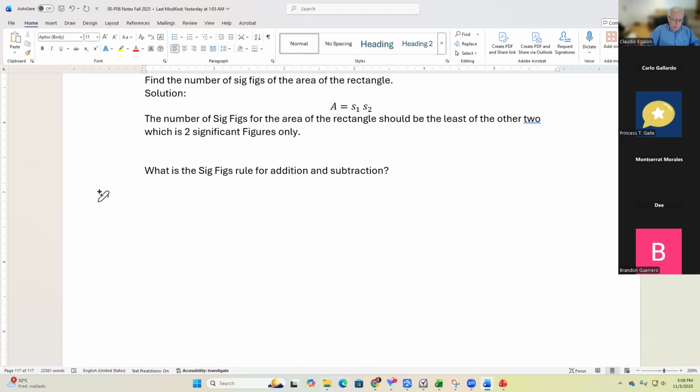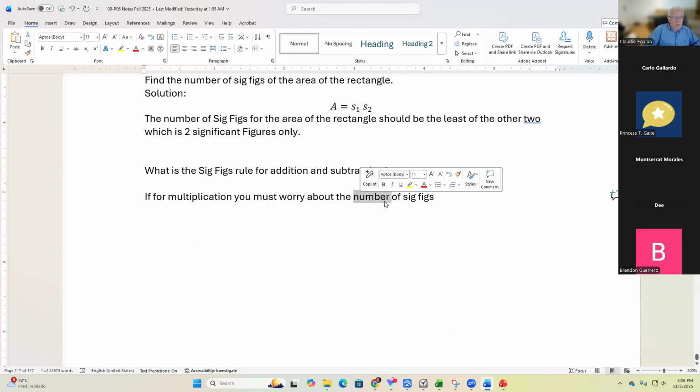For multiplication, you must worry about the number of sig figs. I'm going to emphasize here: number of sig figs, comma, for addition and subtraction.